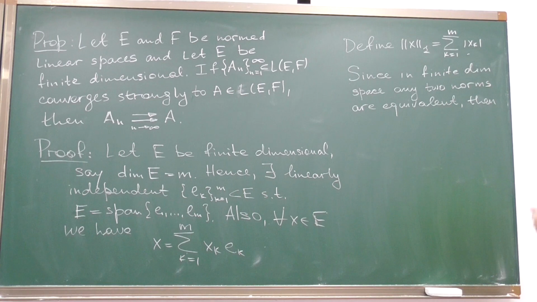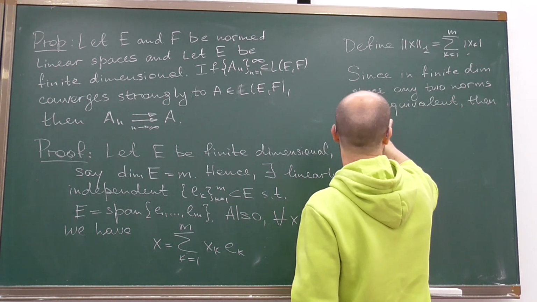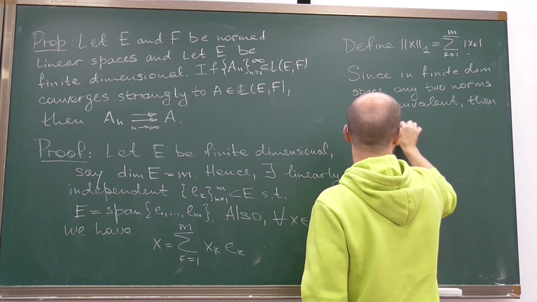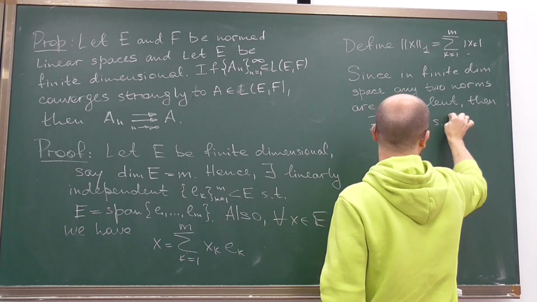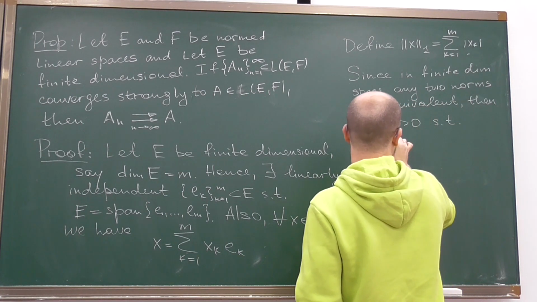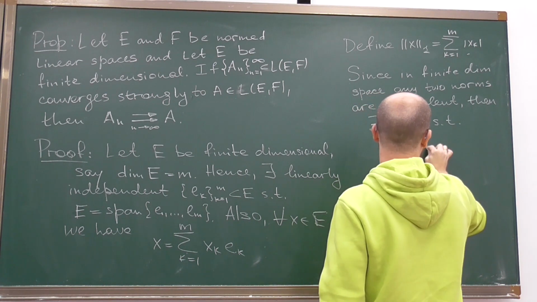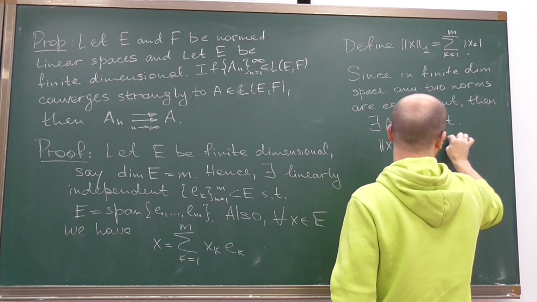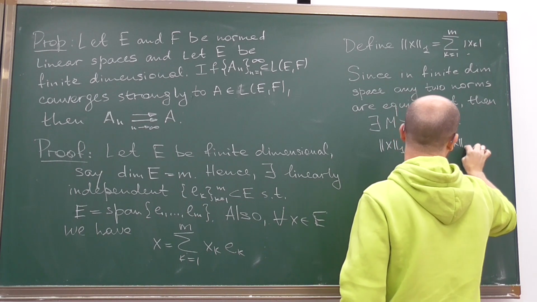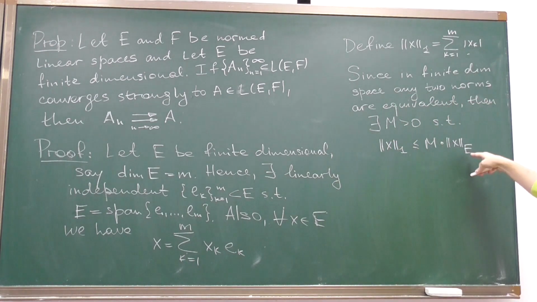Then, in particular, this one norm and the original norm on E are equivalent, which means that there exists a constant M such that the new norm is less than or equal to M times the old norm. I will denote it as norm in E.